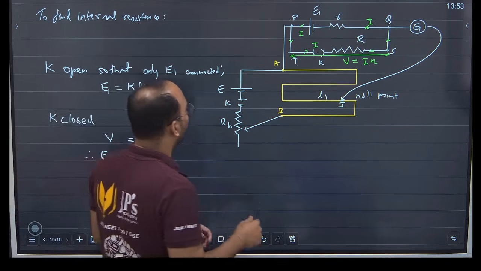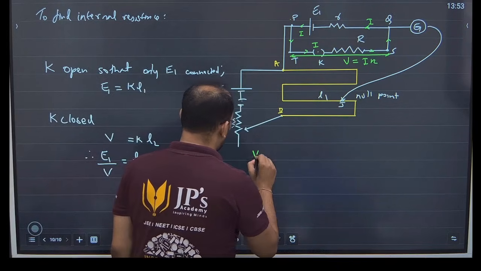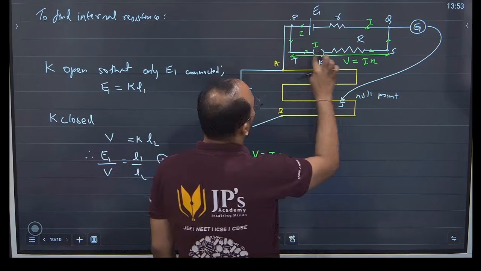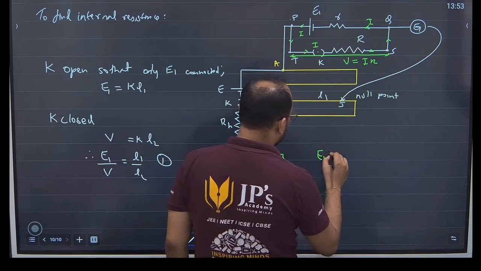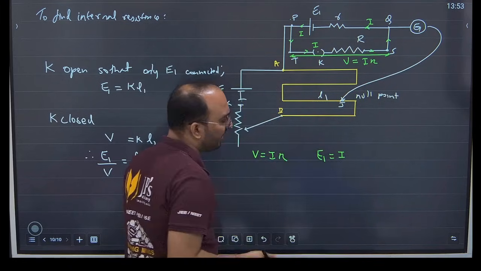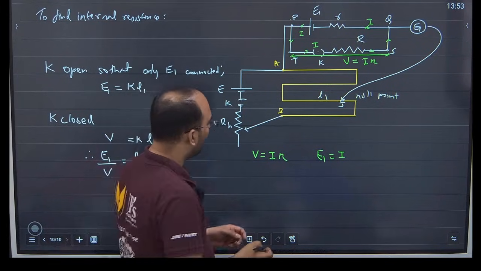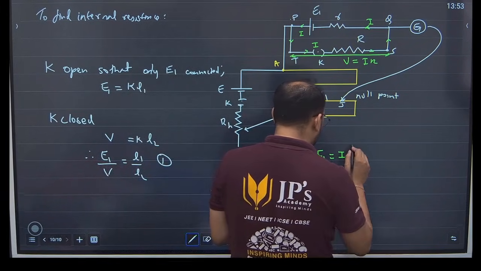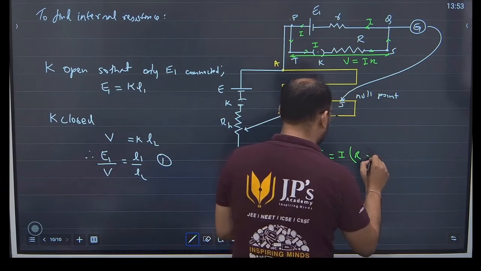Relation number 2 needs a little solving. Look, relation number 2 comes from here. We know that V is equal to IR, that voltage V is I into R. Also you know that net EMF E1 is equal to I times the total resistance, since EMF is the total voltage of the circuit, including the internal resistance. So when I write the value of E1, I have to include the internal resistance also, so it will be the external resistance R plus the internal resistance r.